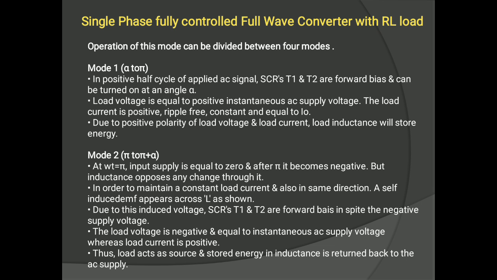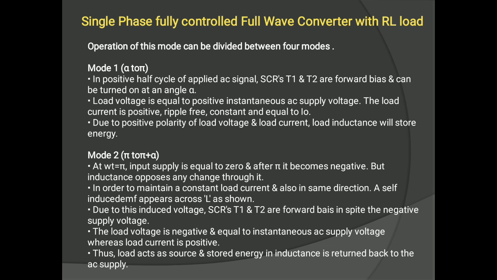Now mode 2, pi to pi plus alpha. At omega t equals pi, the input supply equals 0, and after pi it becomes negative, but because of the inductance, it opposes any change in the circuit. So to maintain a constant load current in the same direction, due to this induced voltage, thyristors T1 and T2 remain forward biased.